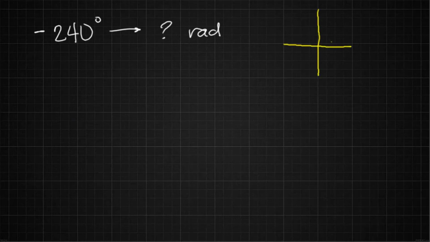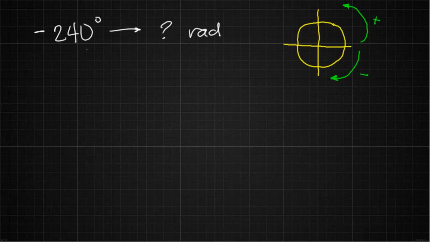Now, what if the angle is negative? So there is no worries here because the sign only denotes the direction of the rotation, whether it may be clockwise or counterclockwise. A counterclockwise direction of rotation denotes a positive sign, while clockwise direction of rotation denotes a negative sign.